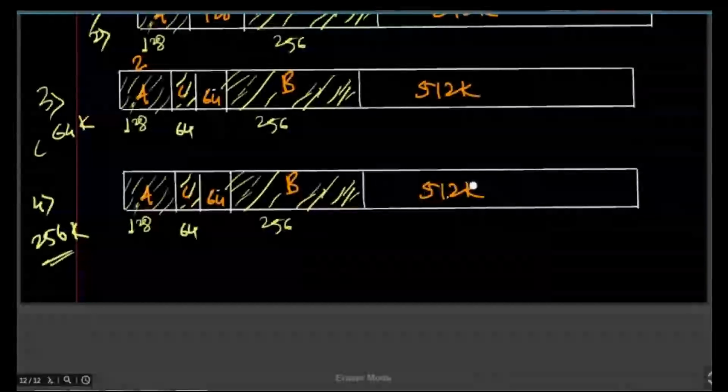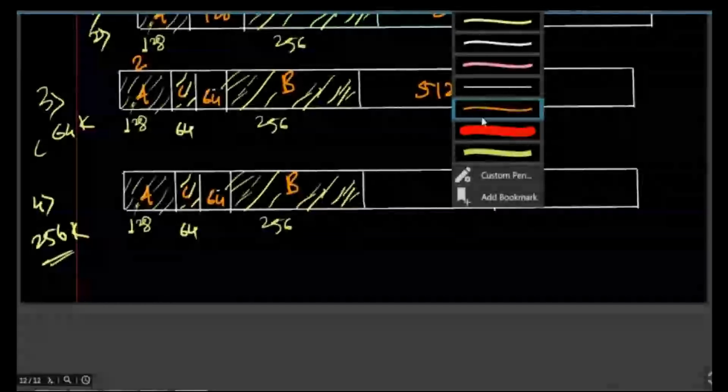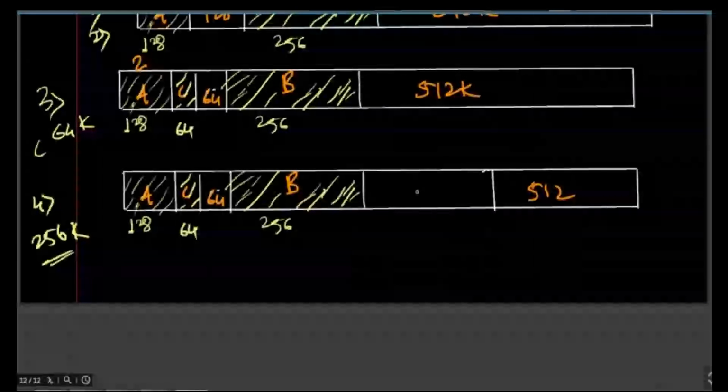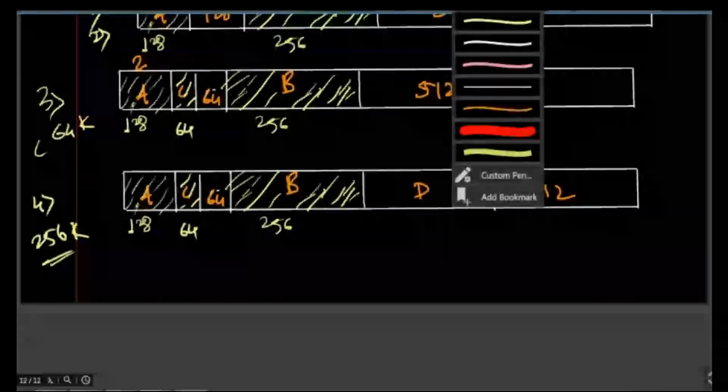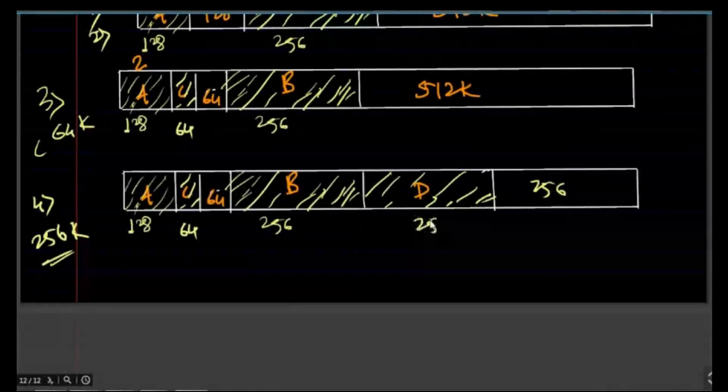So ultimately we will have to divide this 512K block into two equal parts, 512 here and 512 here, and we will allocate request D. So this 512 is divided into two parts of size 256 each. So this is 256 and this is 256.